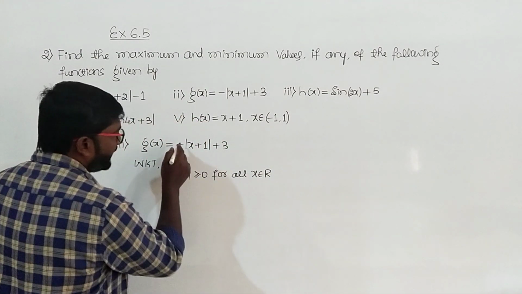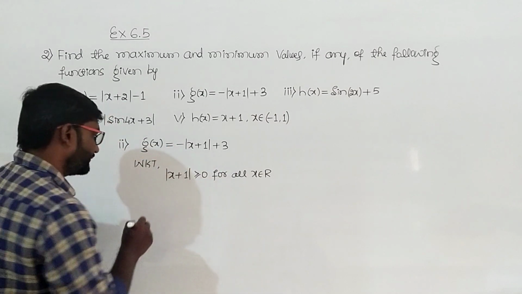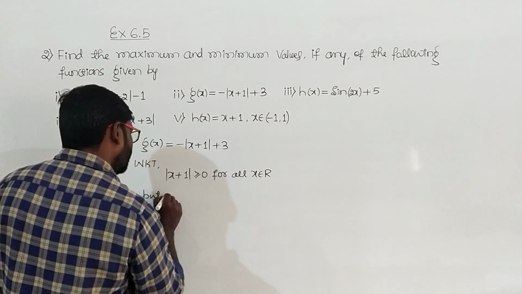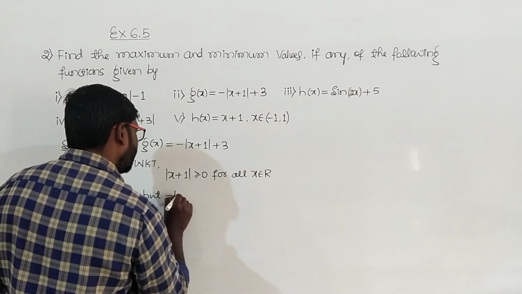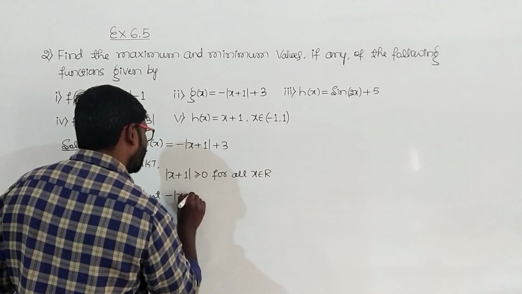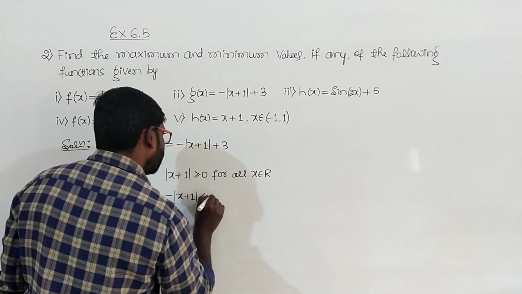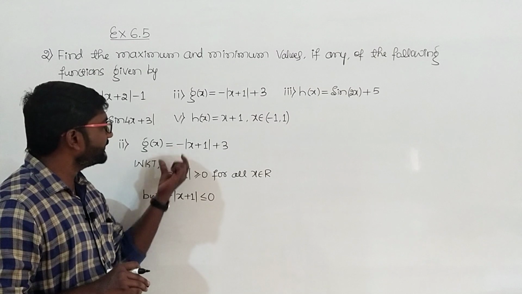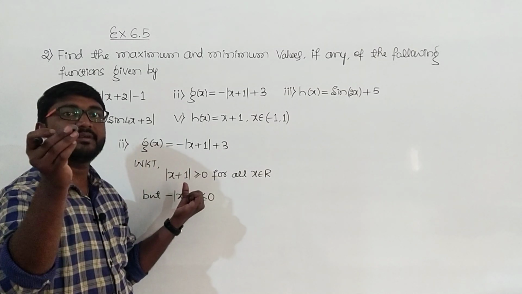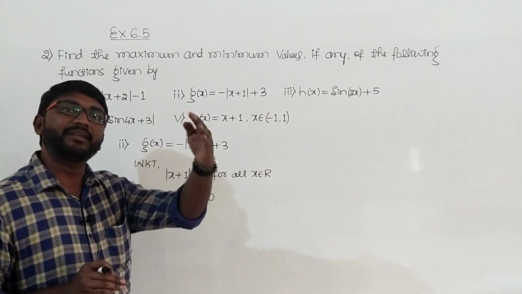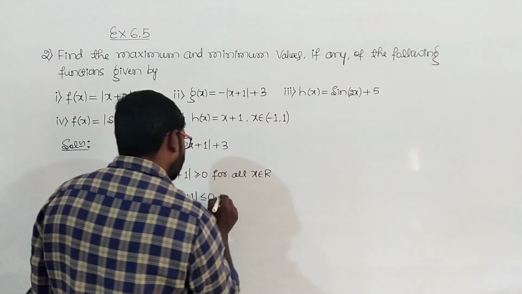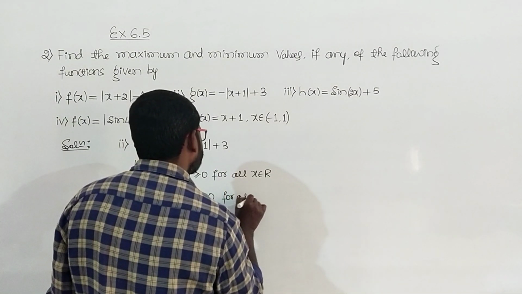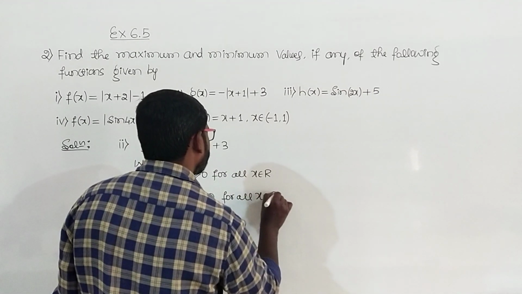Then here we have minus of mod x plus 1, but minus of mod x plus 1 will be less than or equal to 0. So this is positive, but here you have the minus sign. That means minus into a positive number is always negative, less than 0 for all x belongs to R.